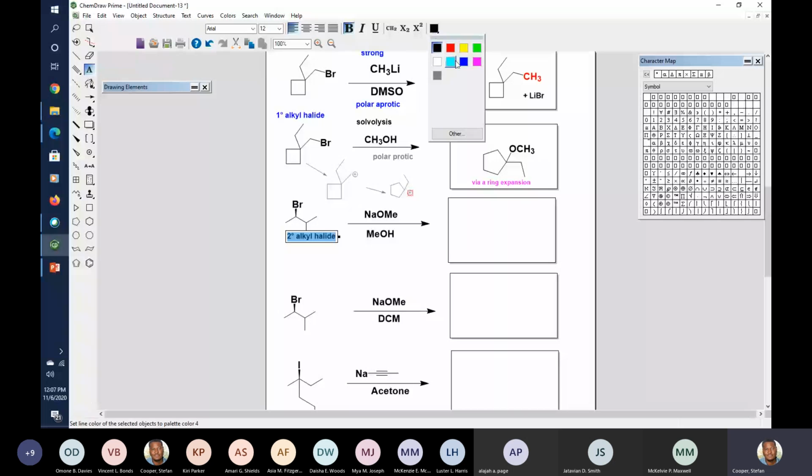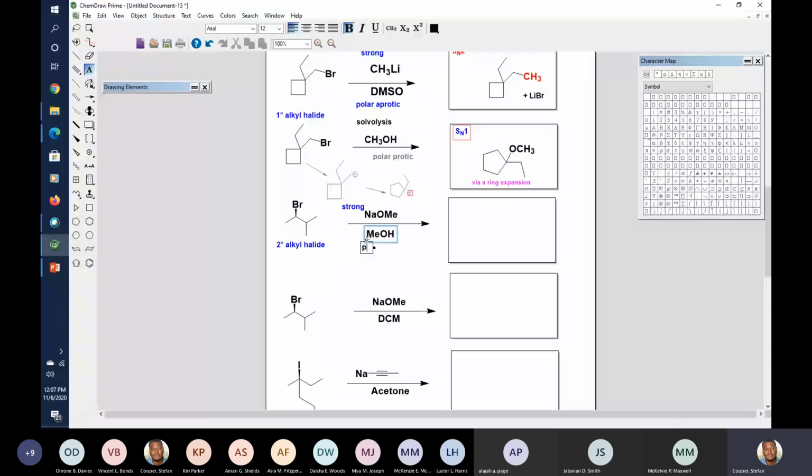Again, that's an ionic compound, so this indicates a strong nucleophile. And I have methanol that has that H on it, so I know that these conditions are polar protic solvent. And this is set up nicely for an SN1.